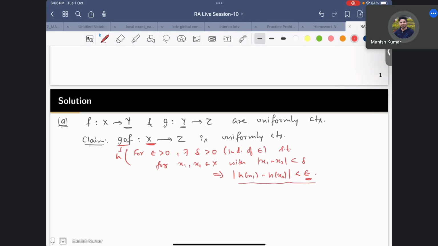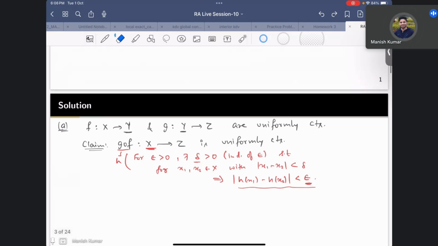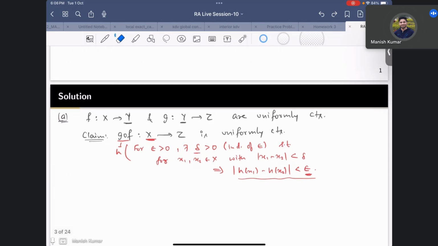In the case of continuity, this delta depends on the point of continuity. When I say that f is continuous at c, this delta will depend on that point c and on the choice of epsilon. Depending on epsilon, I will get a delta such that |f(x) minus f(c)| will be less than epsilon if |x minus c| is less than delta. The main difference is that here this delta is independent of the point c. I hope this is fine.